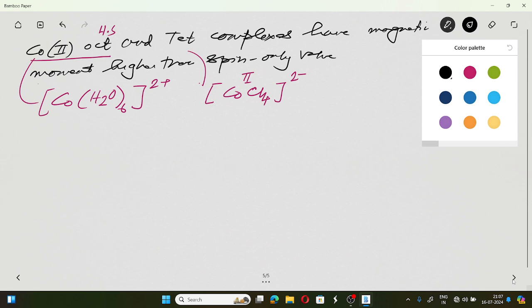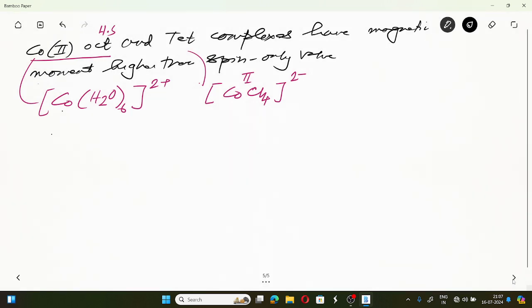So for octahedral complex, we know this is what? Cobalt 2 is a d7 system. So this is a d7 high spin. Remember, cobalt 3 যদি হতো তাহলে low spin হতো, এটা তো cobalt 2, so it should be high spin. And this one d7 tetrahedral. Tetrahedral complexes are always high spin, almost always. So once again you have to draw the splitting diagram in both cases.